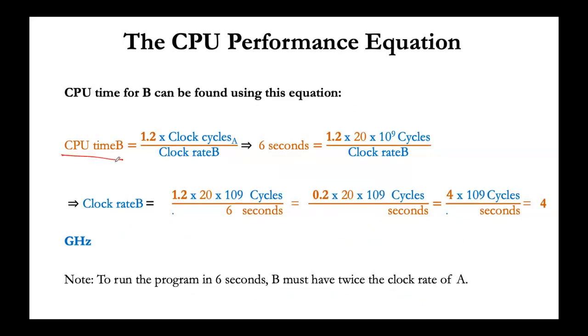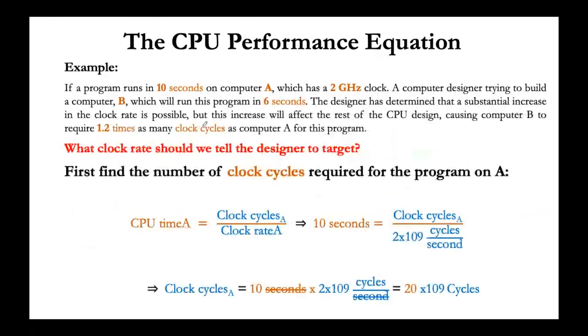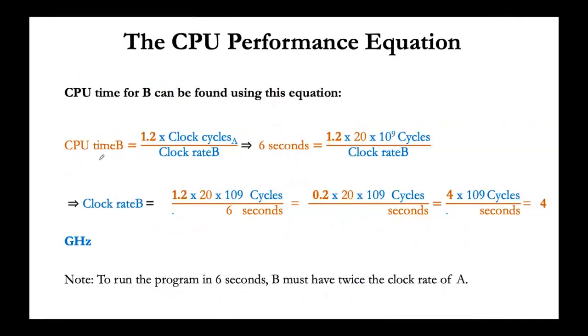From here, computer B requires 1.2 times as many clock cycles as computer A. So the CPU time of B is equal to the clock cycles of B, which is 1.2 times the clock cycles of A, divided by the clock rate of B.